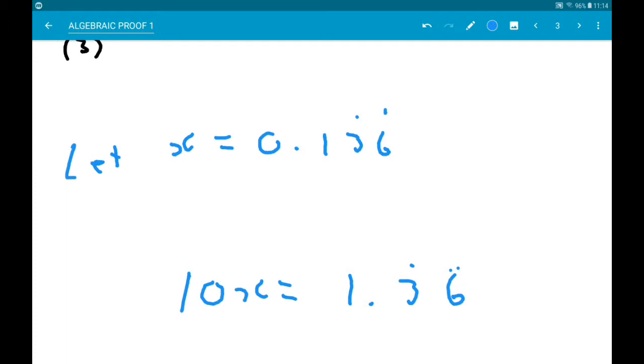Okay, and the next thing we need is another number with that exact same recurring decimal. So essentially we need to move the decimal point 2 places to the right. So we now multiply both sides by 100. So we're now going to get 1000x is equal to 136.36 recurring.